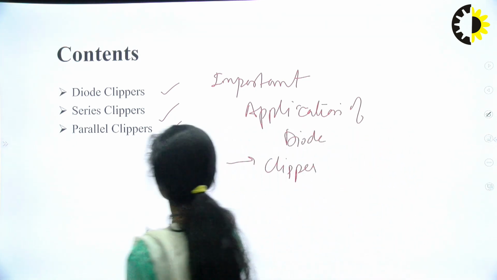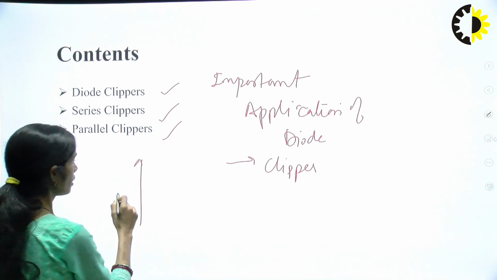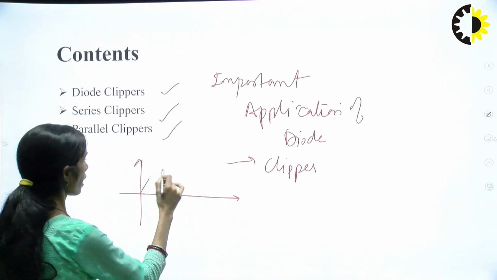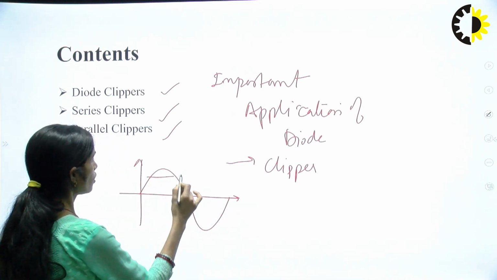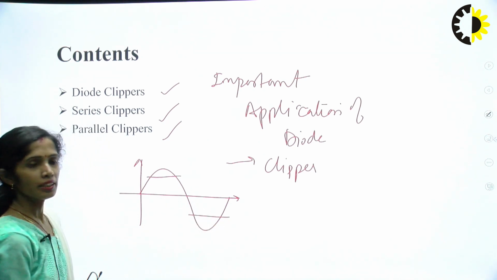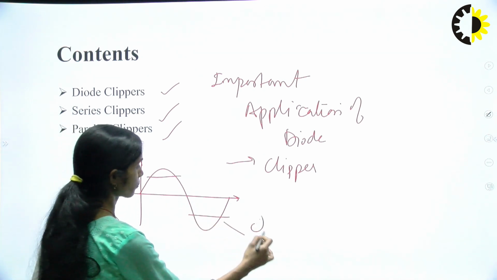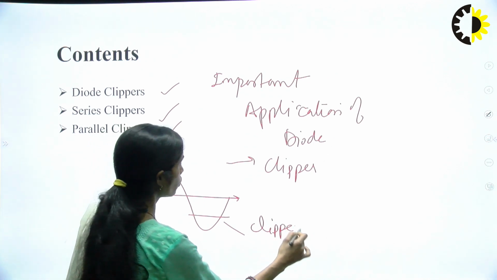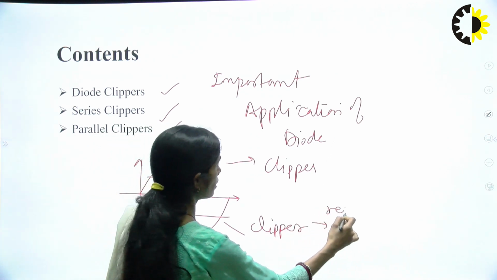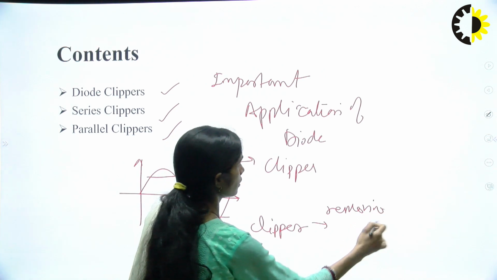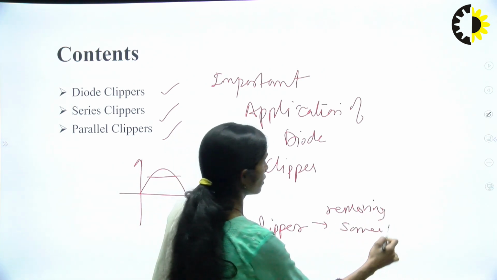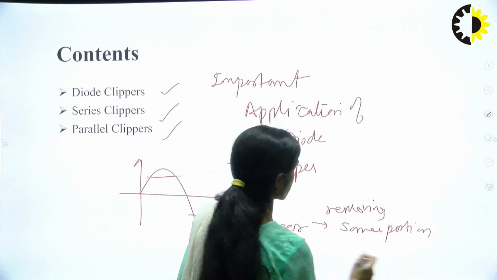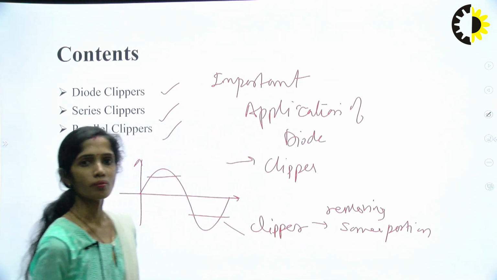We have a signal like this, an AC signal. We can remove the signal either from the positive end or from the negative end, and this is known as clipping. This process of removing some portion of the signal is called a clipper.